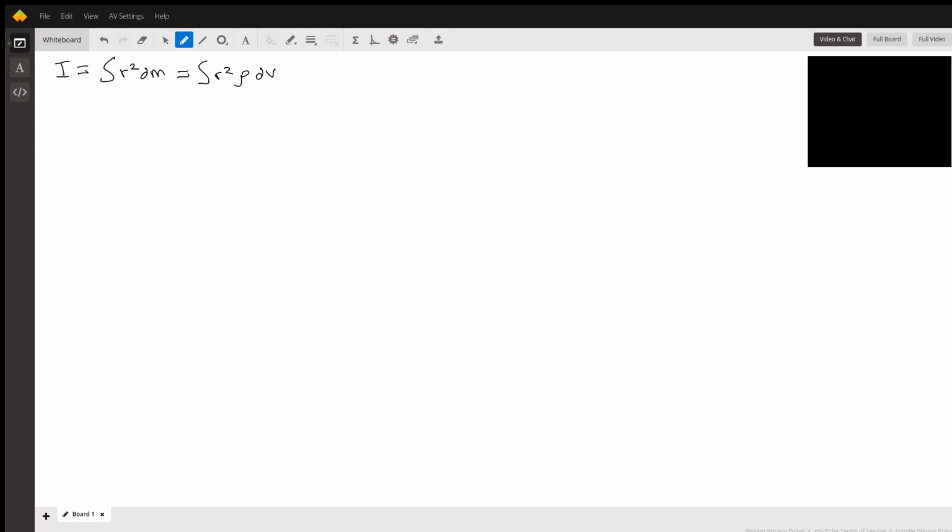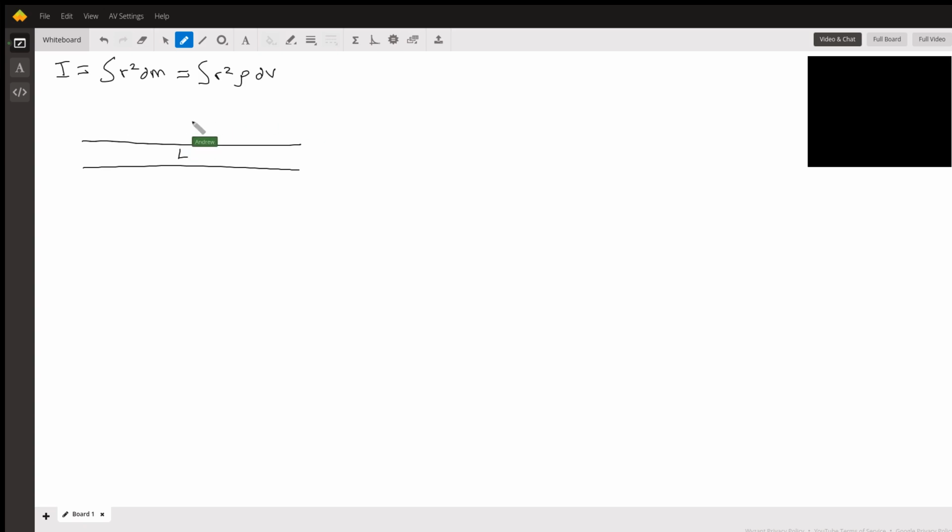So let me draw what's going on physically. We have some rod. We're going to say this rod has length L. Okay, so now there's also going to be some axis of rotation here as well, right?